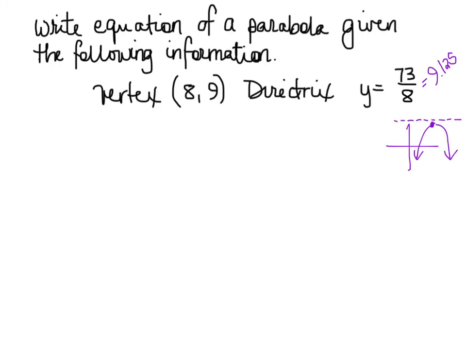So I know it's an x squared, so x minus 9 squared equals 4p times y minus 8. And now I have to find p, and p is the distance from my vertex to my directrix. So if this is 9, this distance is 0.125, which is 1/8.